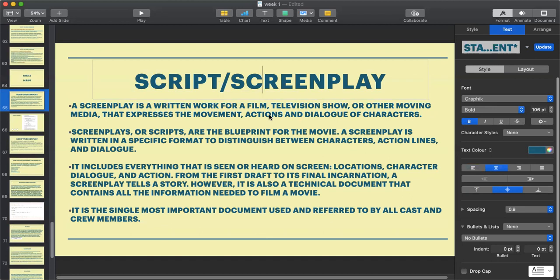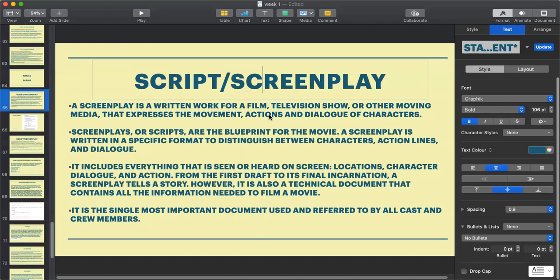You're writing a story, people are reading it. When you're developing that story for a film, you want to make a film out of the story, how will you write it? How will you present it? That you do in a script or a screenplay, okay?